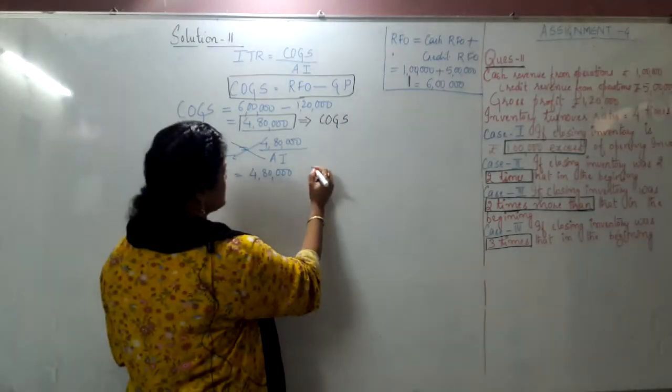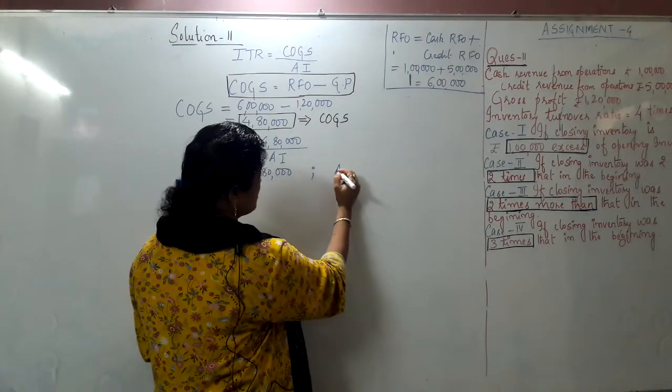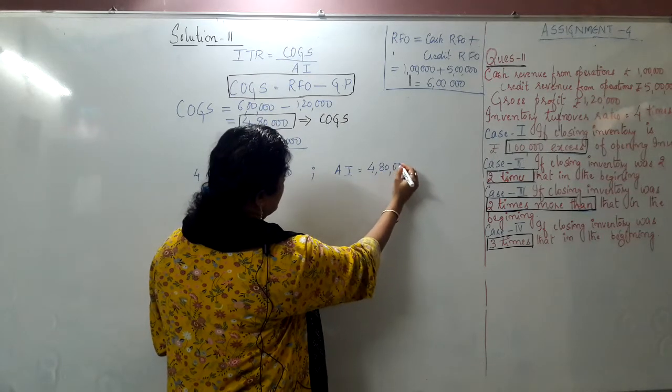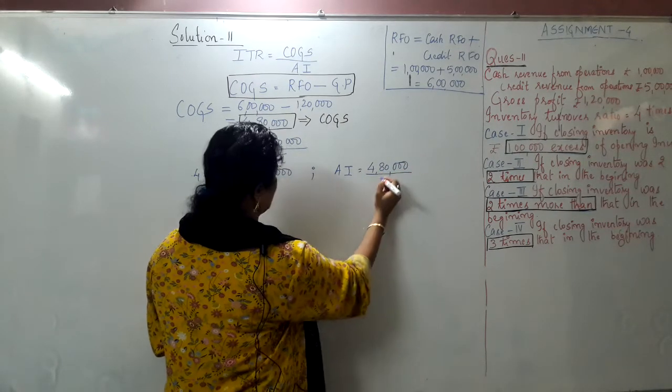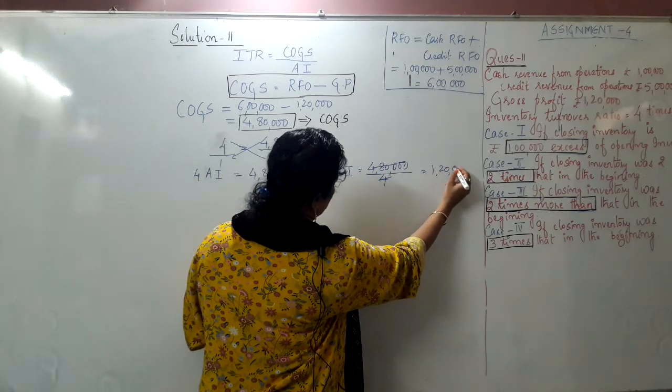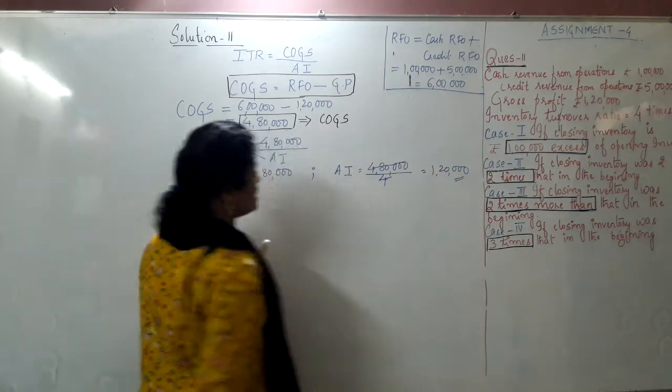Let's solve this. My average inventory is going to be 4,80,000 divided by 4. If I solve this, what value of average inventory will I get here?